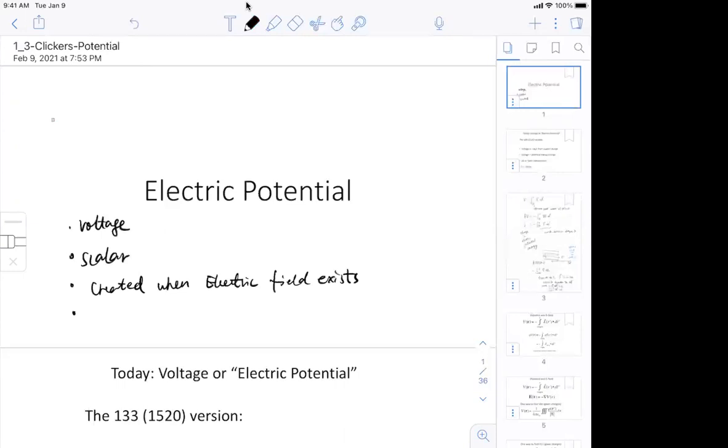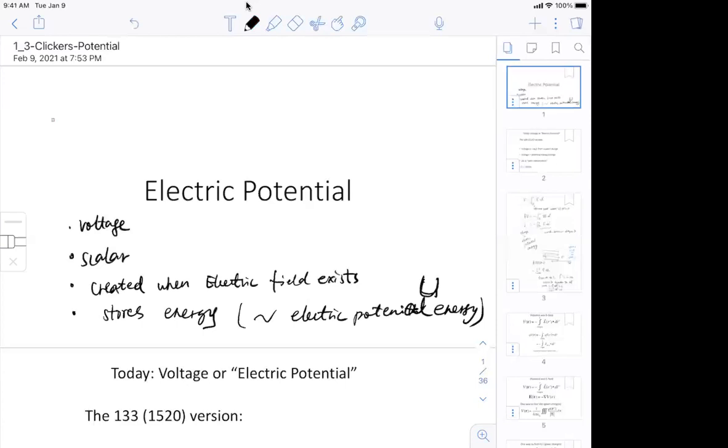Okay, anything else? It stores energy. Yes, it is related to electric potential energy. I agree. That's U.